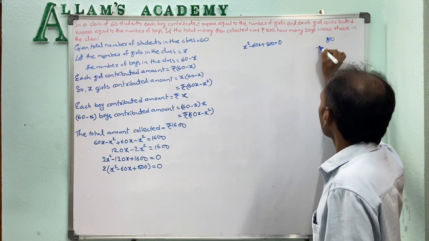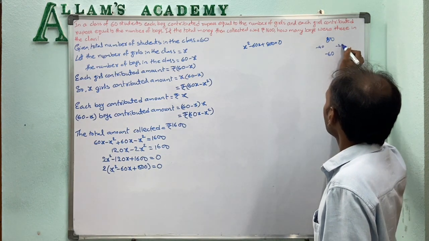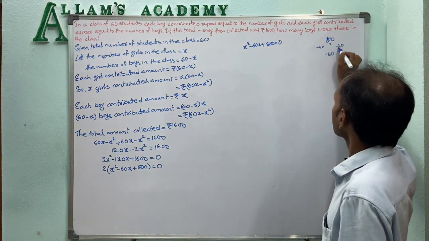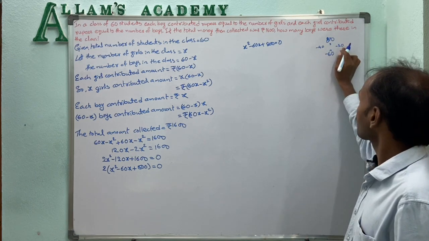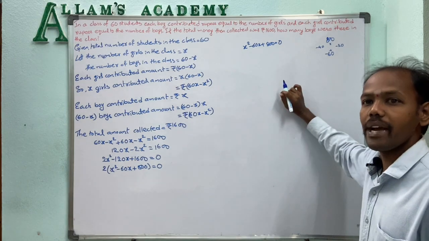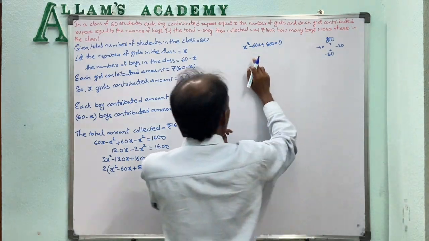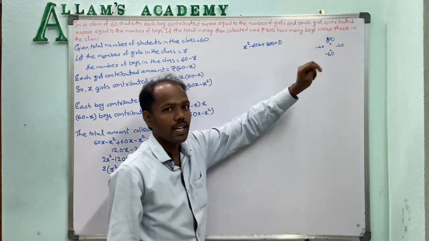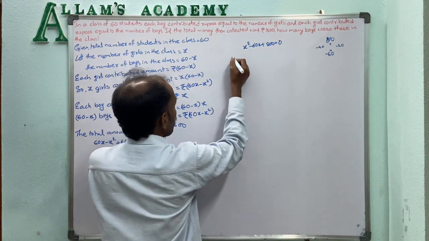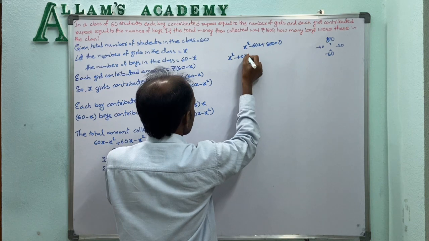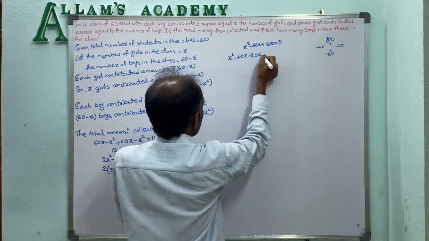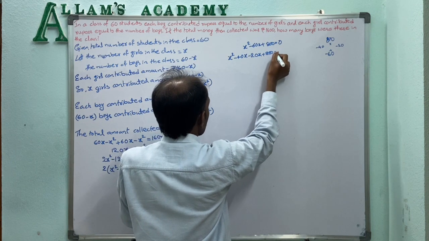If we take minus 40 and minus 20, their product, minus into minus plus, 40 into 20, is 800. Their addition, minus 40 minus 20, is nothing but minus 60. So in place of minus 60 we write minus 40 minus 20. So x square minus 40x minus 20x plus 800 equals 0.